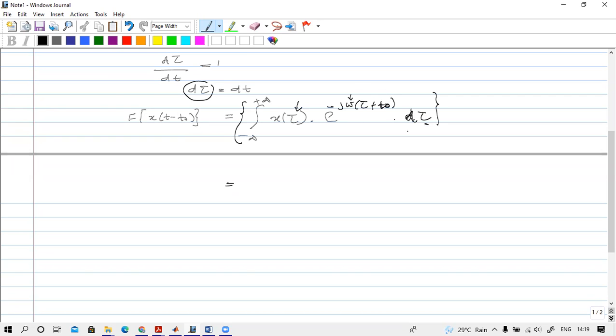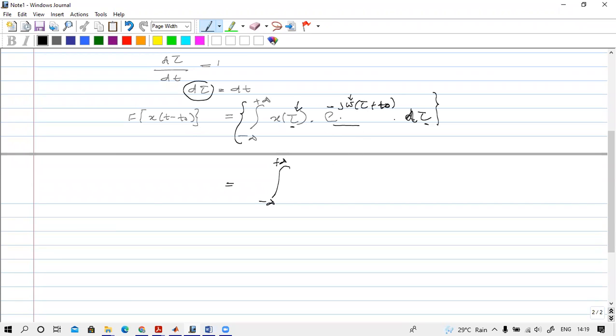For this expression, the independent variable is tau. So I can simplify this term further to get out some constant term.